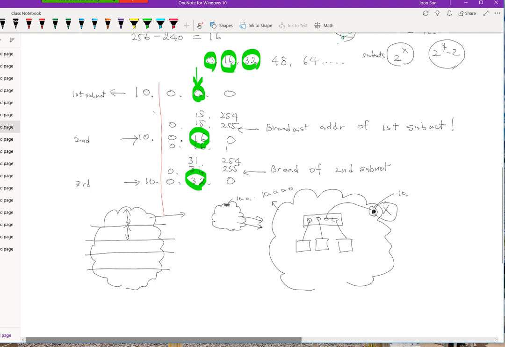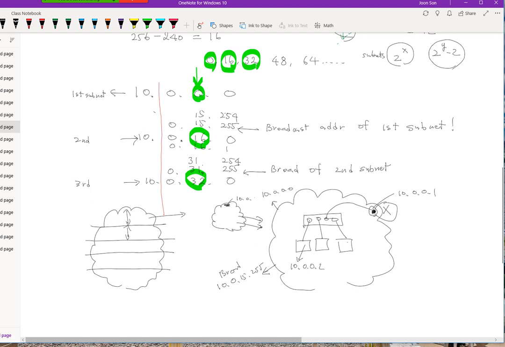So 10.0.0.1, right? The first usable host IP address. And the broadcast IP address of this local area network is what? 10.0.15.255, right? That's the broadcast address of this LAN. And then the second usable host IP address is going to be 10.0.0.2, right?